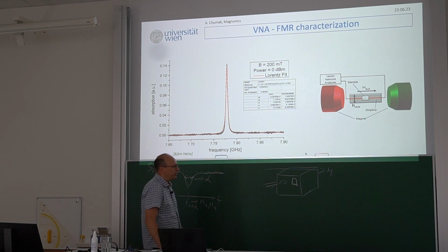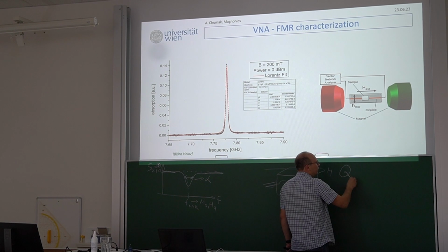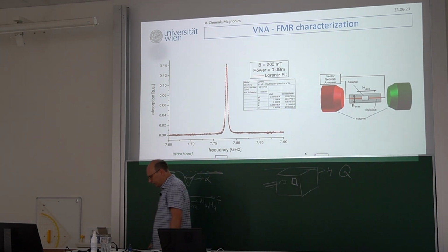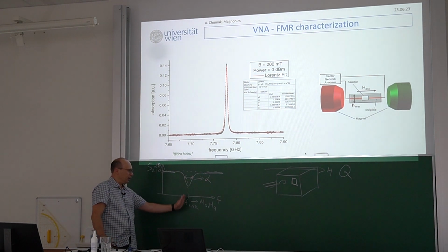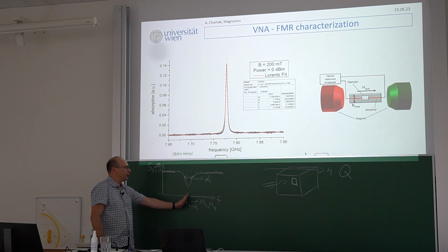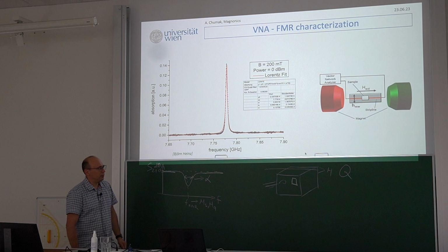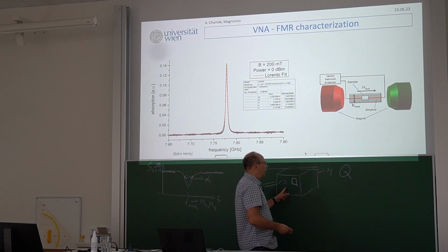What is the trick here is that you need to have a cavity with a high Q factor. So Q factor is the ratio of the resonance frequency of your resonator to the line width. So more or less, like if to analyze with FMR, this one normalized by delta. And the Q factor should be very high, several thousands, let's say.